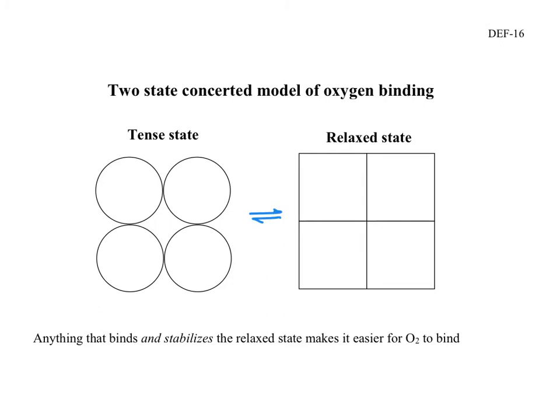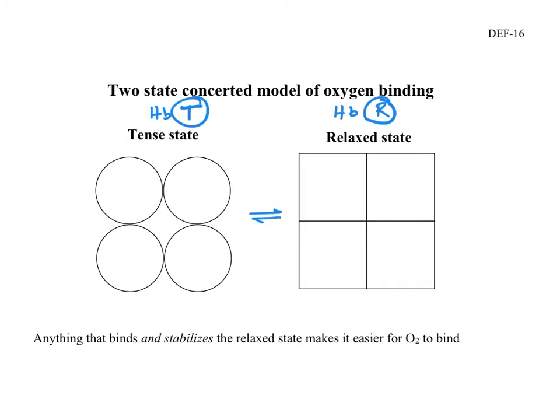Now, these are just two slightly different shapes of hemoglobin. So this is hemoglobin in the tense state, or what we call the T state, and this is hemoglobin in the relaxed state, or R state. Now, these names don't really mean much. What's really extremely important is what the tense and the relaxed state mean with regard to oxygen binding. And here's the most important thing about this page.